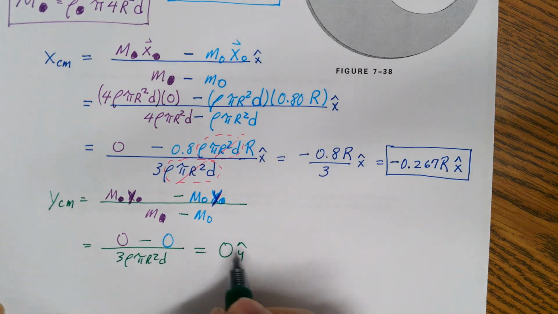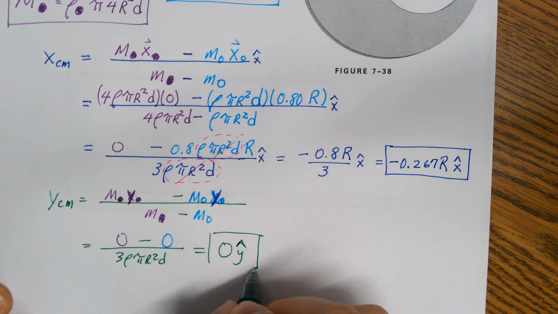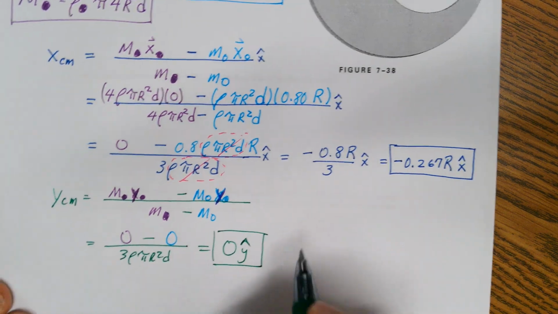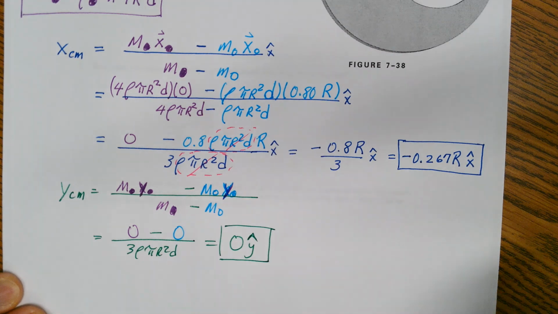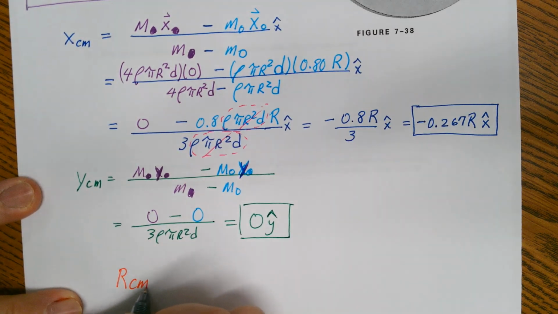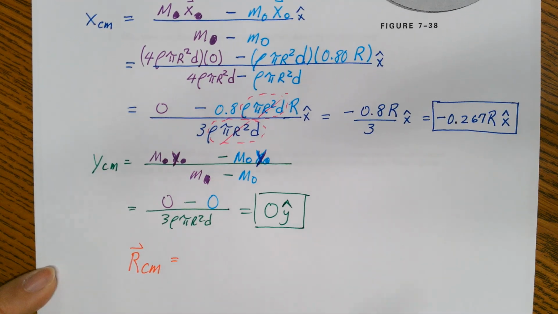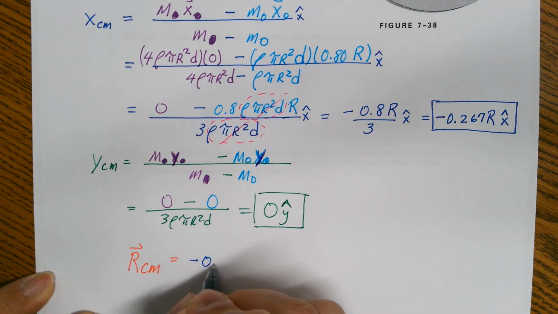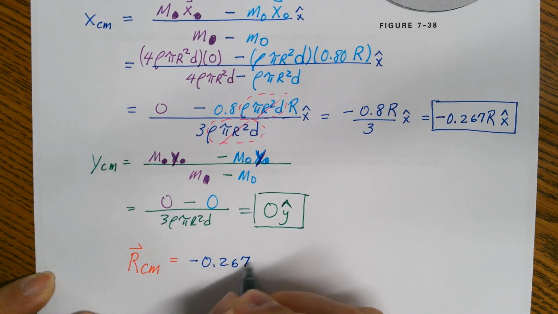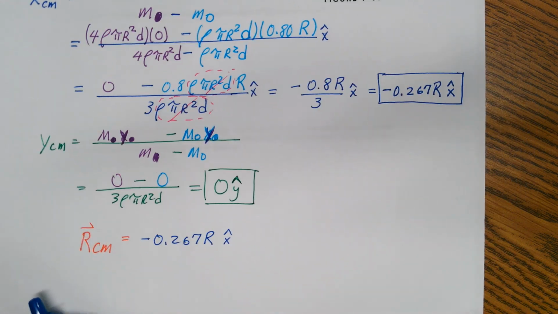So everything's along the x-axis. Now we have the x and the y. So our final r sub cm is equal to negative 0.267 r x hat plus 0 y hat.